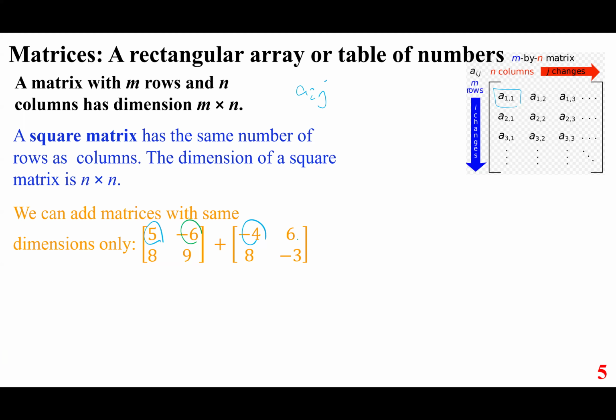We can add these two, same location, we get 0. We can add these two, we get 16. We can add these two, we get 6. That's how addition is very simple. Same location, add them up, you're done.